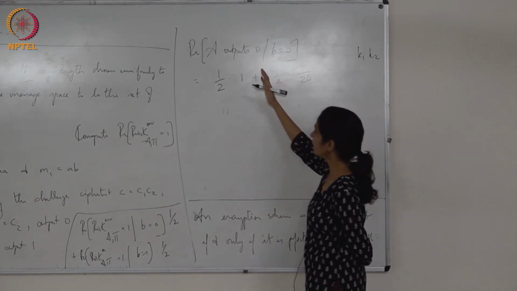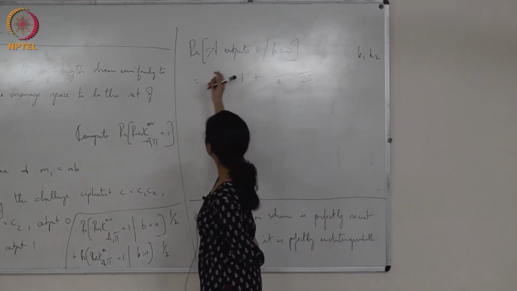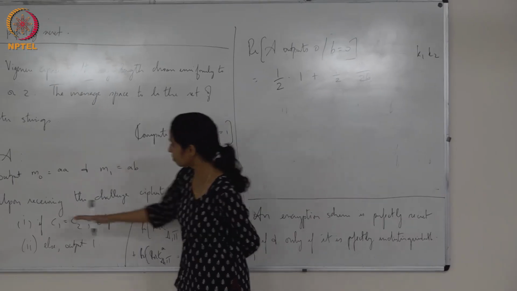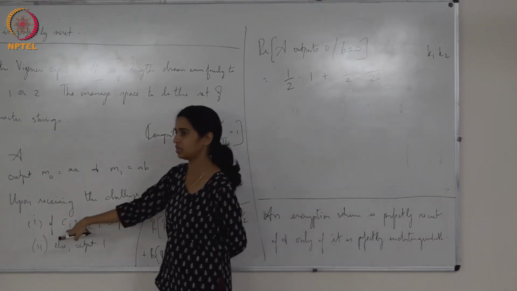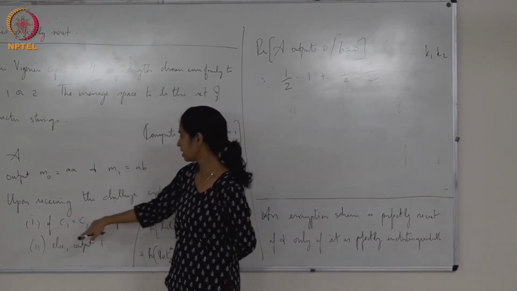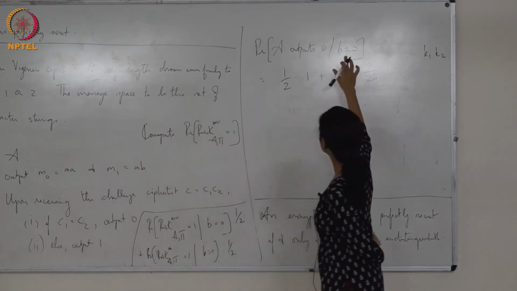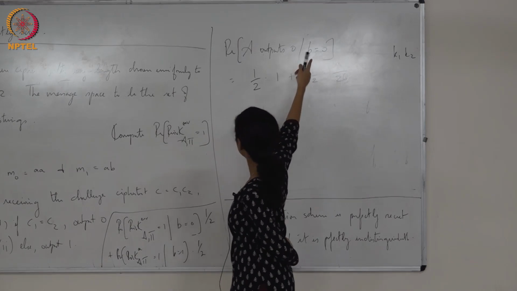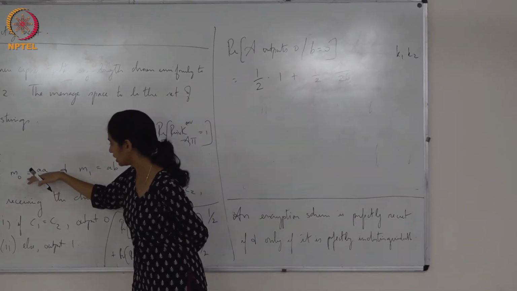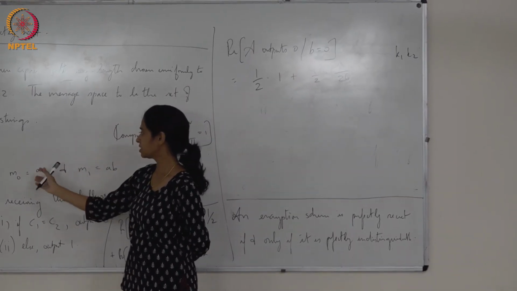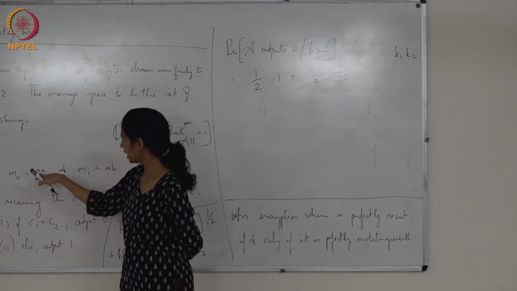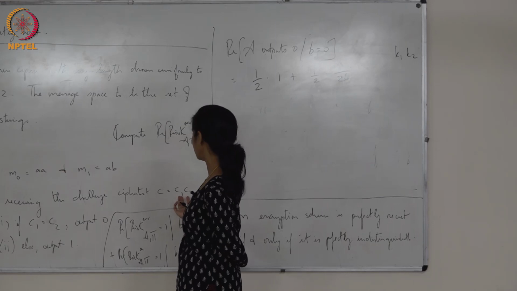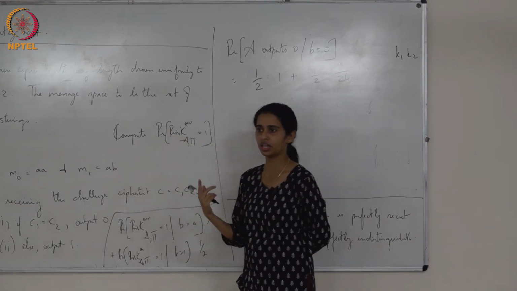So what is the reasoning here? When does A output 0? A outputs 0 by our definition of the adversary when C1 equals C2. And now we are considering the message corresponding to B equal to 0, which is M0. When M0 is AA, AA will be encrypted to some C1 and C2 such that they are equal in only two cases.